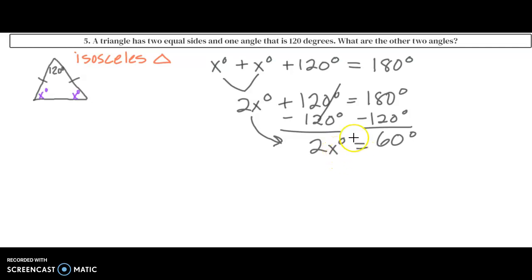Now, how do we solve for x? We have to divide both sides by 2. Whatever I do on one side, I do to the other. So the 2's cancel out, and I'm left with x degrees, which is equal to 30 degrees.